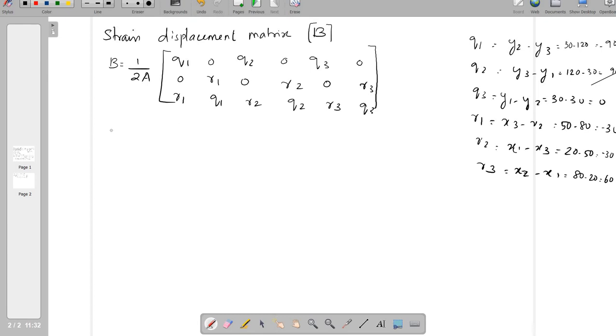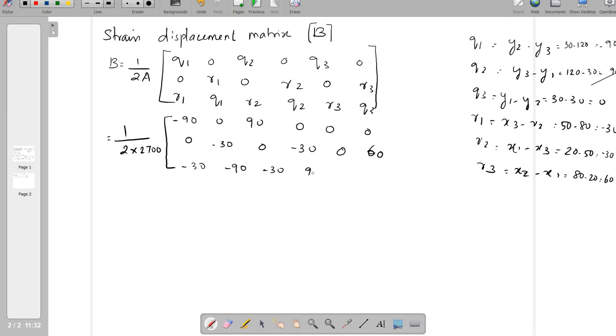Now I am substituting the values. I know the area of the triangle is 2700. Q1 is minus 90, Q2 is 90, Q3 is 0, R1 is minus 30, R2 is minus 30, R3 is 60. So the entries are R1 minus 30, Q1 minus 90, R2 minus 30, Q2 90, R3 60, Q3 0.